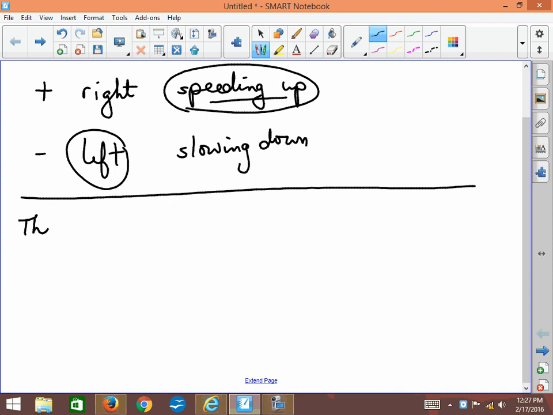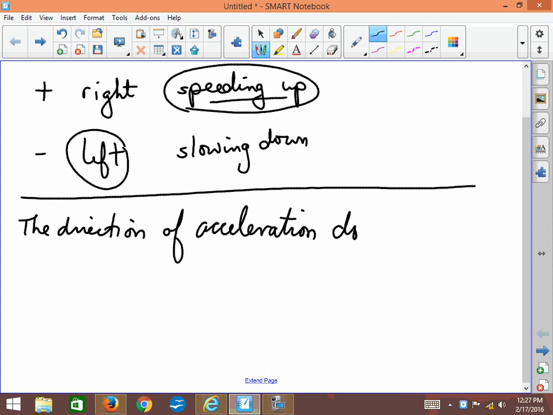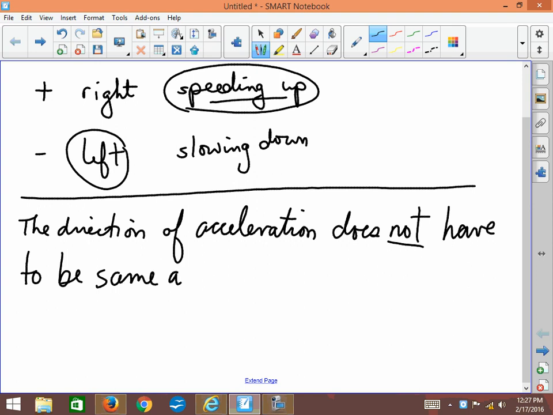The direction of acceleration does not, and I'll underline the not, have to be the same as the direction that you are moving in, or I guess the direction of your velocity.